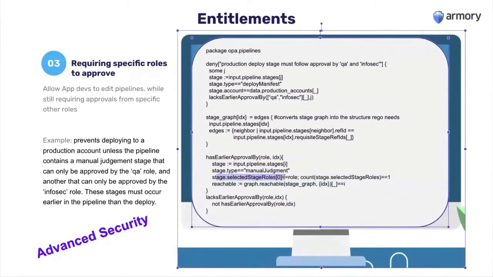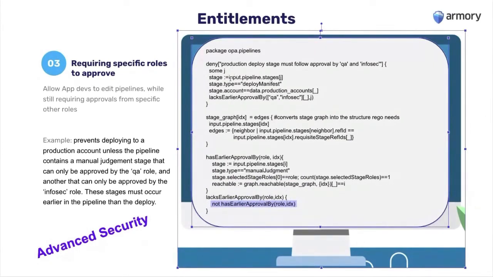For roles, we're looking at the selected role of the stage and also making sure that only one role can approve that stage. So we want to ensure that both QA and InfoSec have approved it. So that's going to be two separate manual judgment steps, one for the QA role, one for the InfoSec role. We then have this function of lacks earlier approval by, and this is literally just doing that not trick that I mentioned earlier.